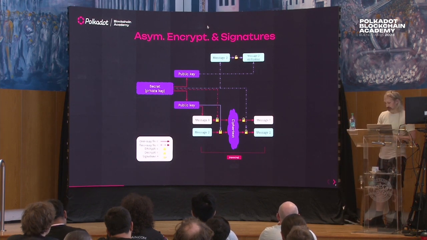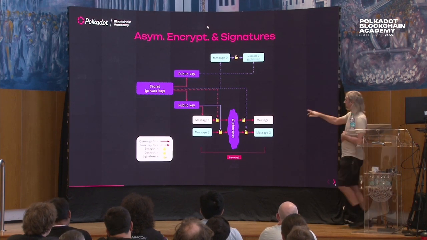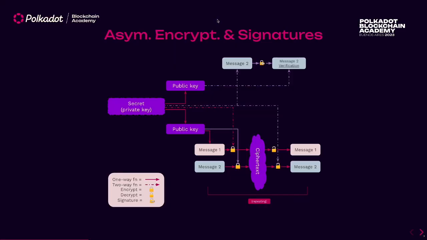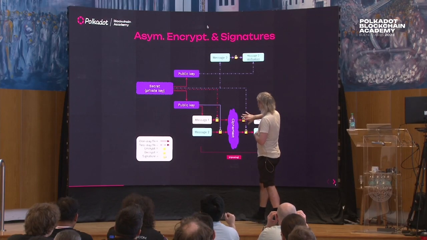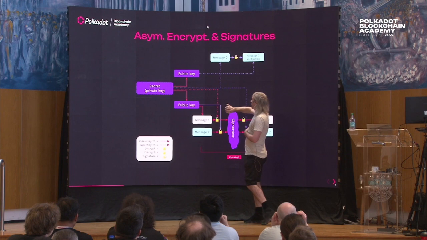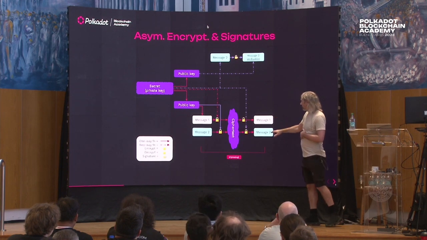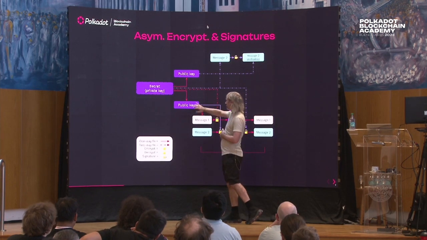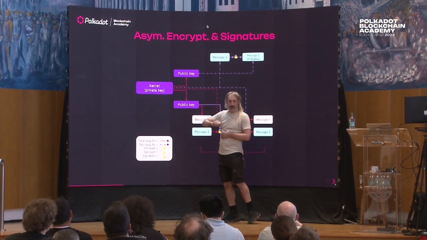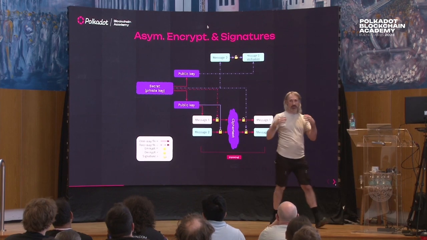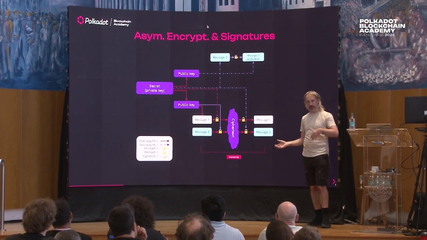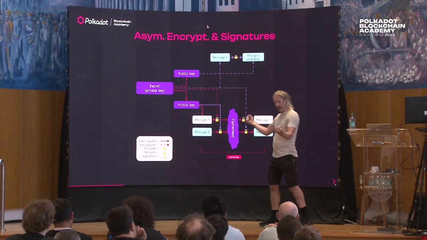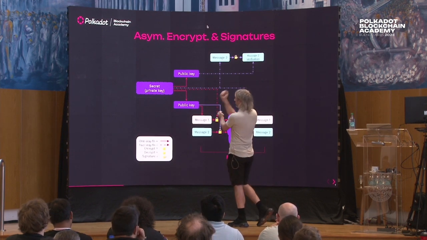We'll not look at this too much. But the main point is that whereas with encryption, we will tend to use the public key first, and then the secret key on the decryption step. So we use the public key to encrypt, the secret key to decrypt. Signing is the other way round.